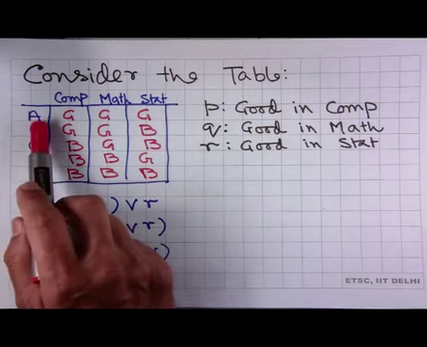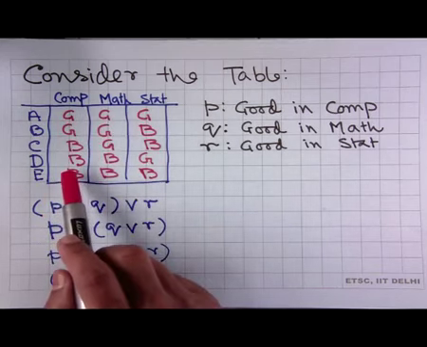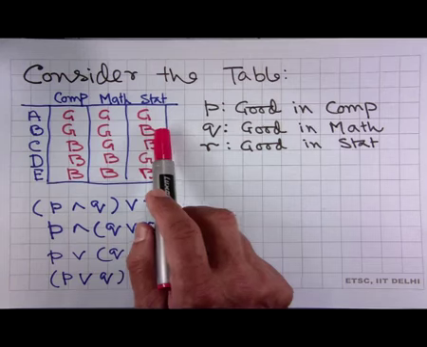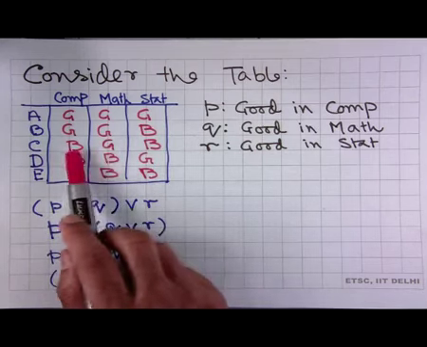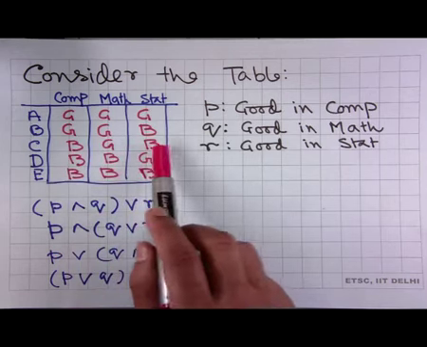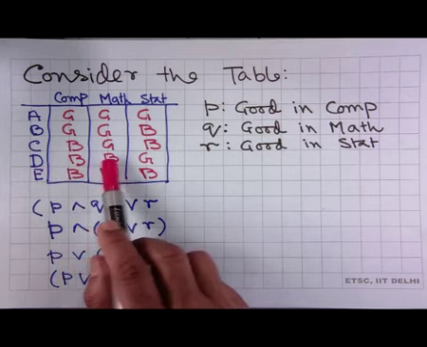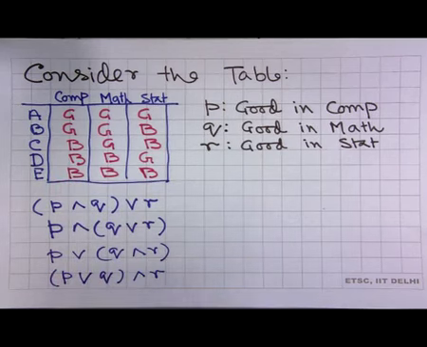Therefore, we can see that A is good in all the 3 subjects, B is good in computer and maths, but bad in statistics, C is good only in math, but bad in both computer science and statistics, D is bad in computer and maths, but good in statistics, and E is bad in all the 3 subjects.